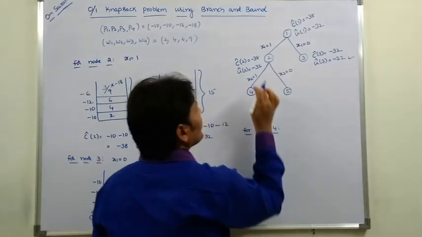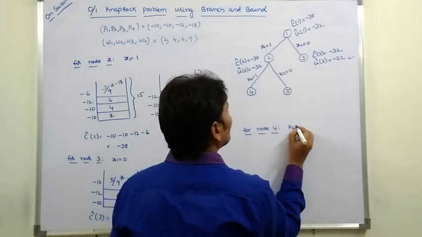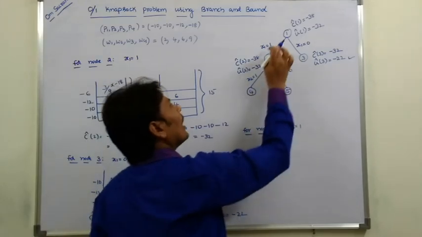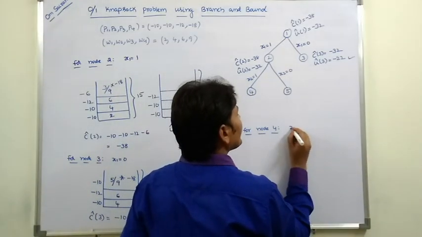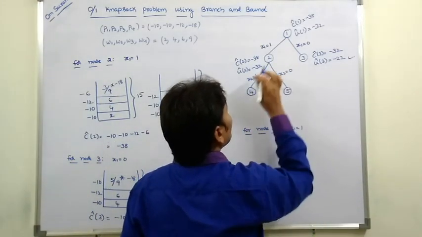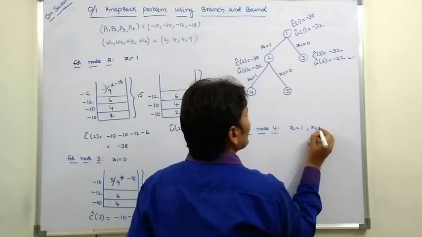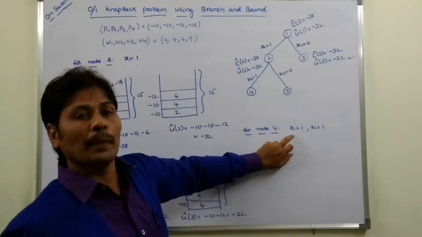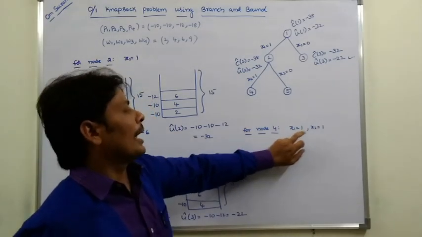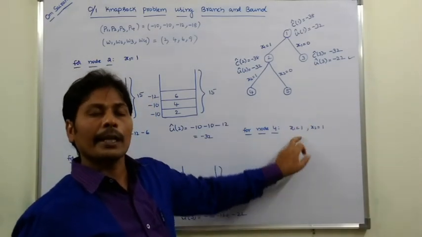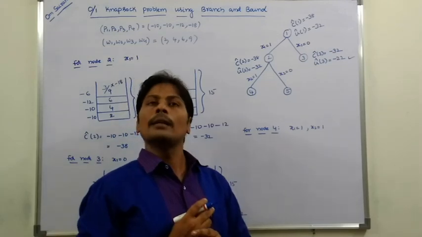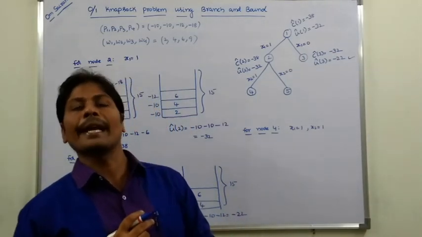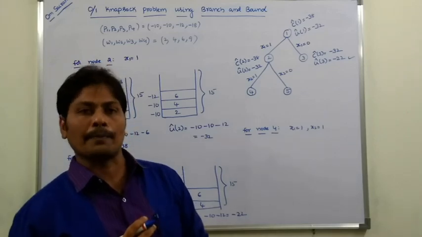For node 4, x2 is equal to 1 and also x1 is equal to 1. So we have to compulsorily place the first object and the second object. If the remaining space is available, that space is used for placing the remaining objects into the knapsack.